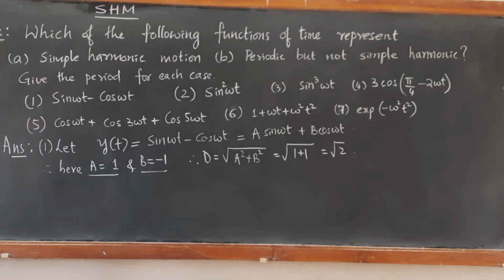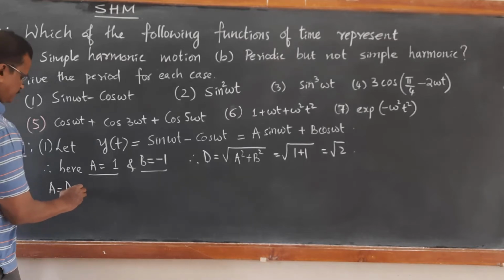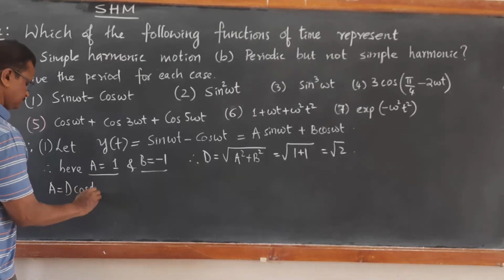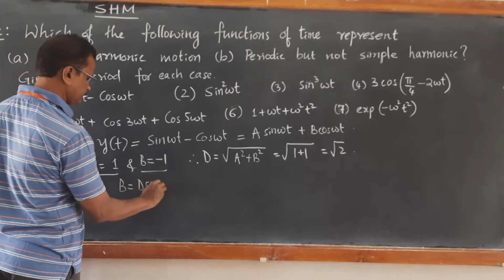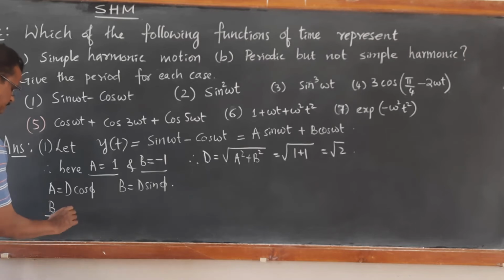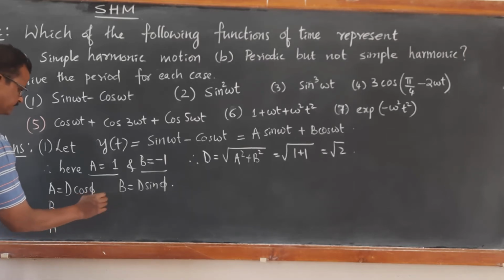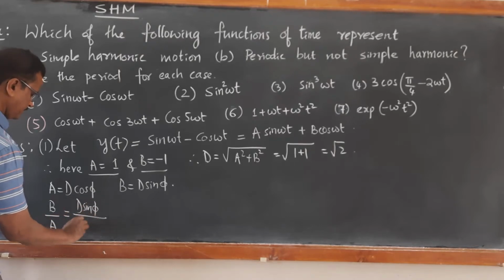Now earlier, if you recall, we have assumed a equal to d cos phi and b equal to d sin phi. So taking ratio b by a, b by a gives us tan phi, d sin phi by d cos phi.